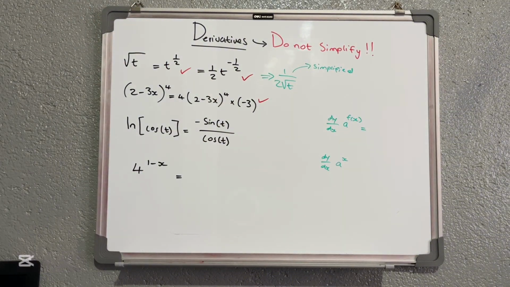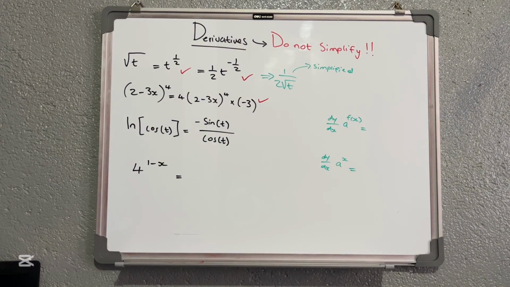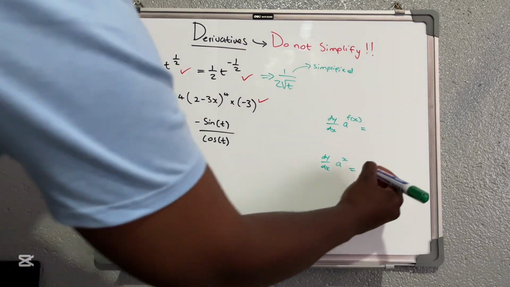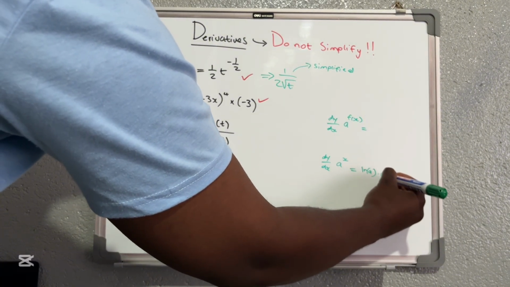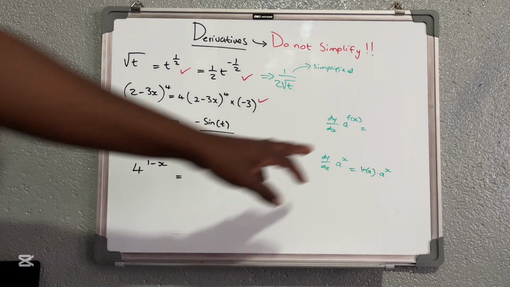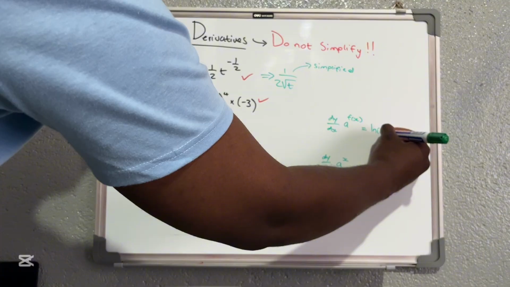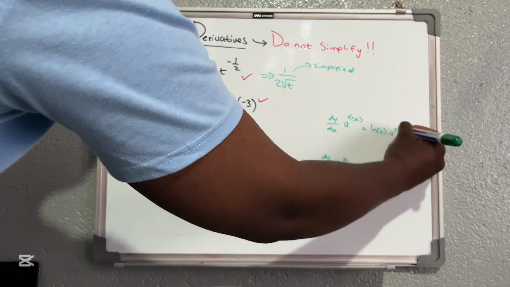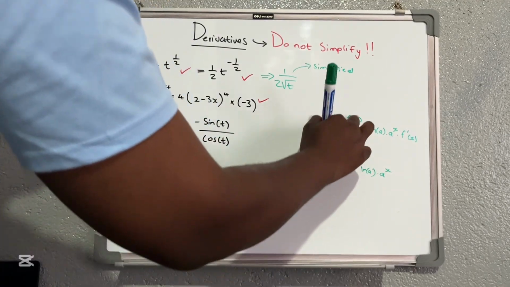Here we're not having a function, so you need to be careful with these types of questions. For a to the exponent x, you have ln of a multiplied by a to the exponent x. But for the one where you have a function, you have ln of a multiplied by a to the exponent x multiplied by the derivative of your function.